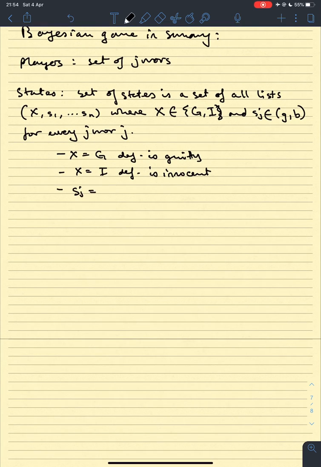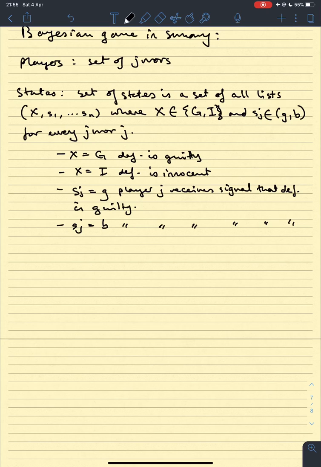And Sj equaling G means player j receives a signal that the defendant is guilty, and Sj equaling B means player j receives a signal that the defendant is innocent.